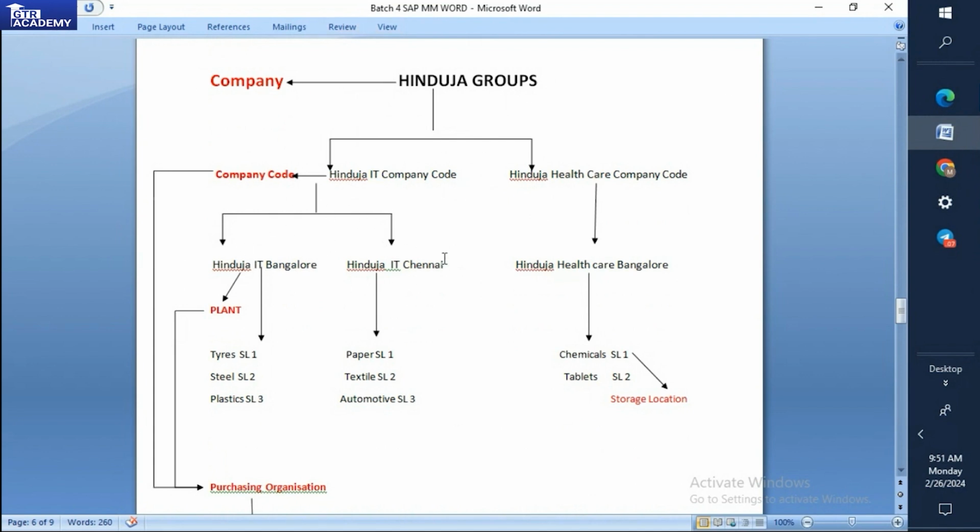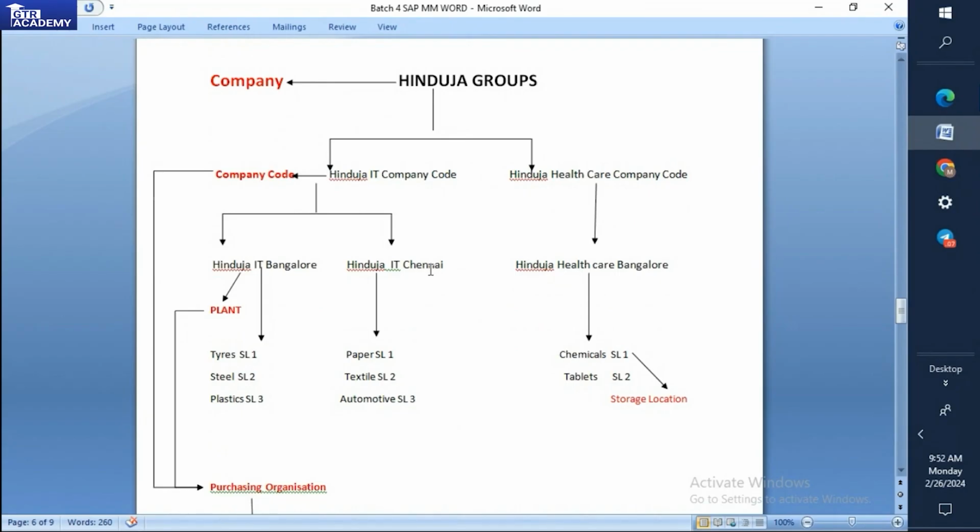In the healthcare domain, they maintain only a Bangalore plant. They produce whatever chemicals and raw materials are required for the healthcare domain, manufacturing only in the Bangalore plant. And the Hinduja IT company maintains Bangalore and Chennai. This is just an example I'm giving you.